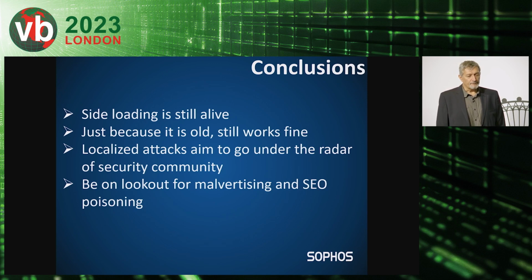And we start to see an increasing uptick of malvertising used for distribution of malicious content. We should be on the lookout for this because it presents a blind spot for us.